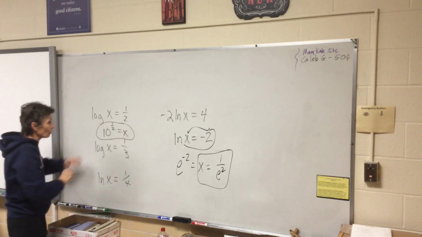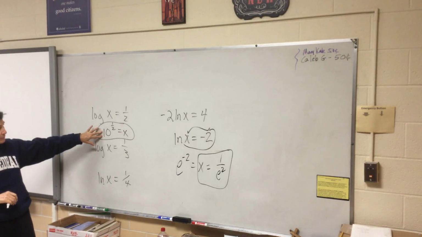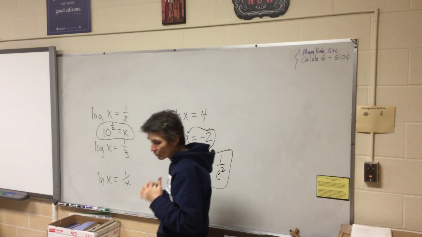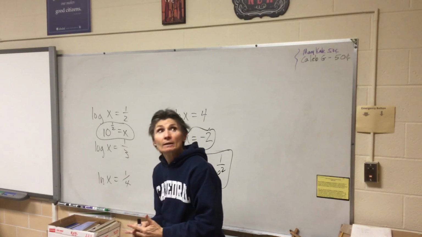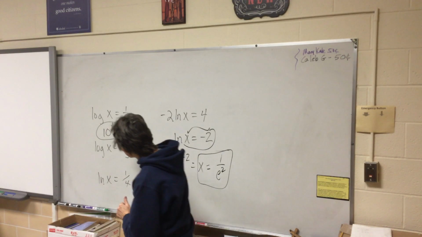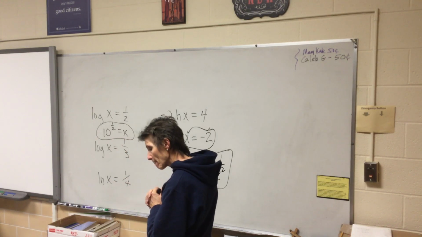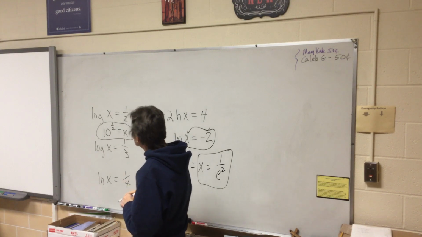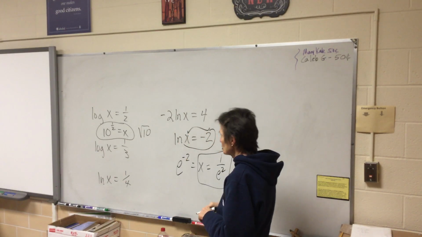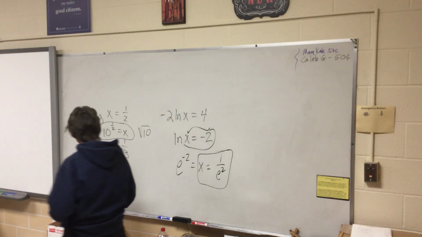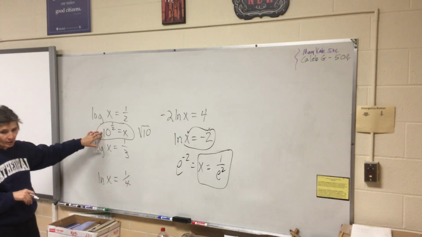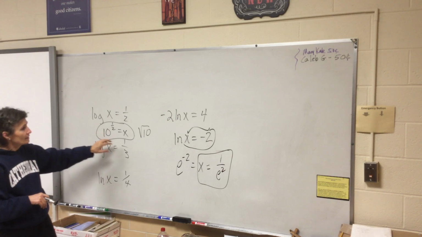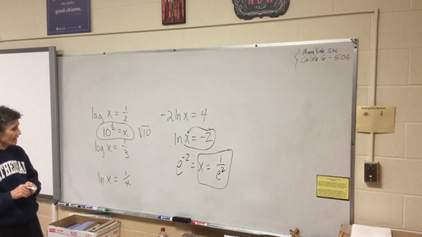Now that is perfectly okay, but can anybody think of another way I could write that answer if I wanted to? X is equal to the square root of 10. Yep, 10 to the 1/2 is the square root of 10. There is nothing wrong with fractional exponents. So 10 to the 1/2 is fine. You could also say the square root of 10.